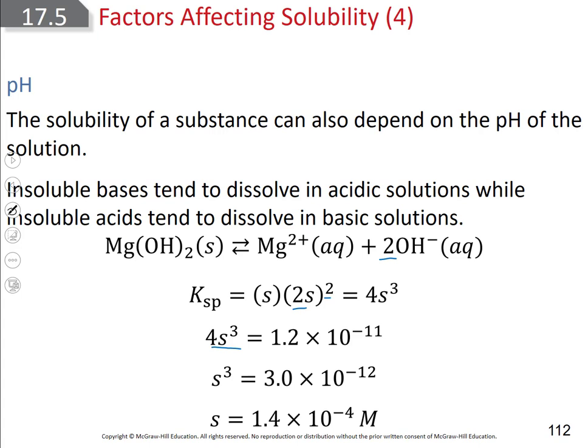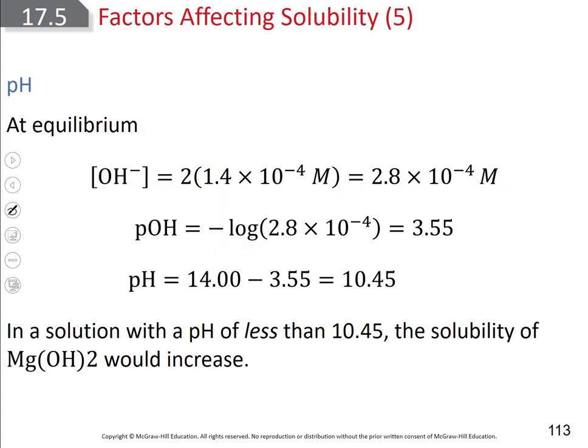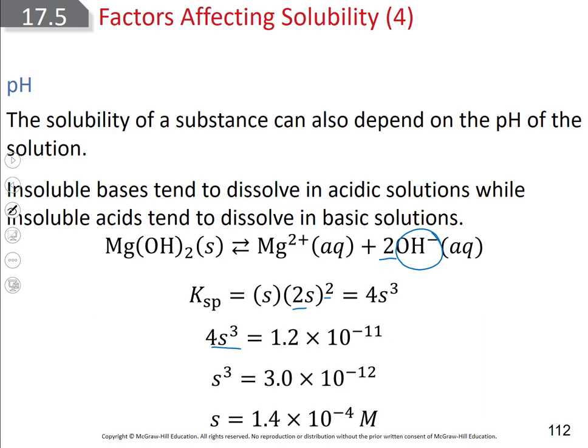Now, if I change the pH, that's going to mess with hydroxide. So instead of saying I'm dissolving it in a solution that already contains this particular ion, we can talk about it in terms of the pH. So the hydroxide ion concentration there, if we just wanted to know what the pH of this concentrated solution would be, we would take our S, our solubility, and plug it back in here.